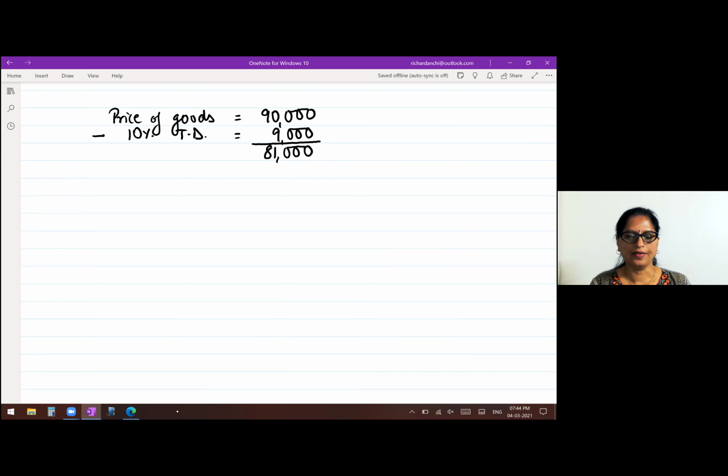After you deduct, then you have to see they have said one-third of the amount is received by check. So find out one-third of 81,000. So it is one-third and two-third. The remaining is two-third. Okay, so only one-third. One-third of 81,000 is 27,000 and the remaining is 54,000.